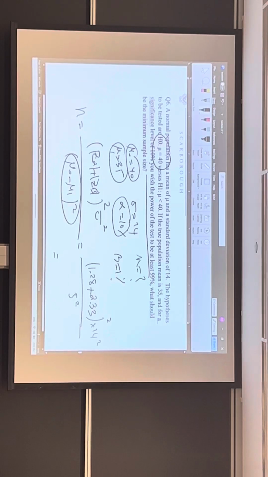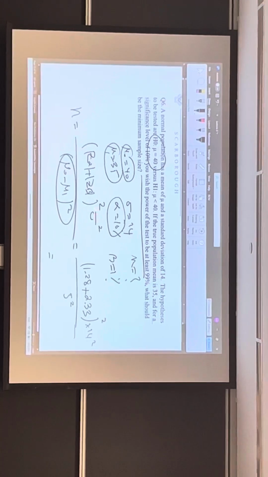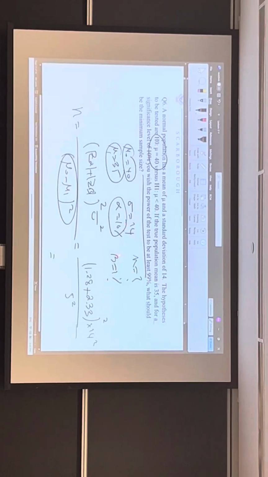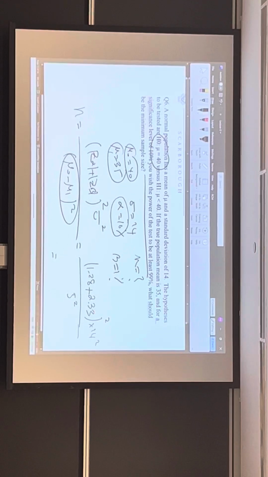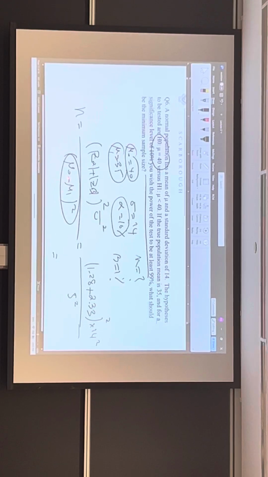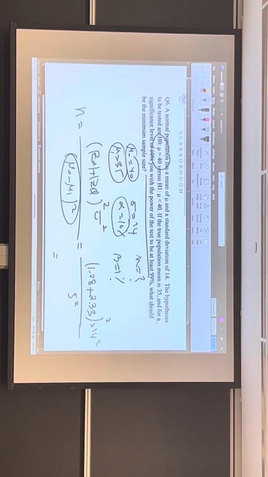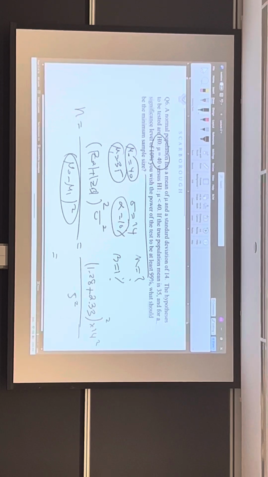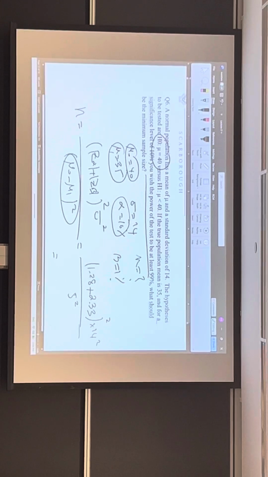I apply the formula. Z of beta is 2.33. Z of alpha is 1.28. That is 14 squared. The distance between null and the alternative is 5. What do you get? What number do you get there? What is the number that you got there? Give me the actual number.